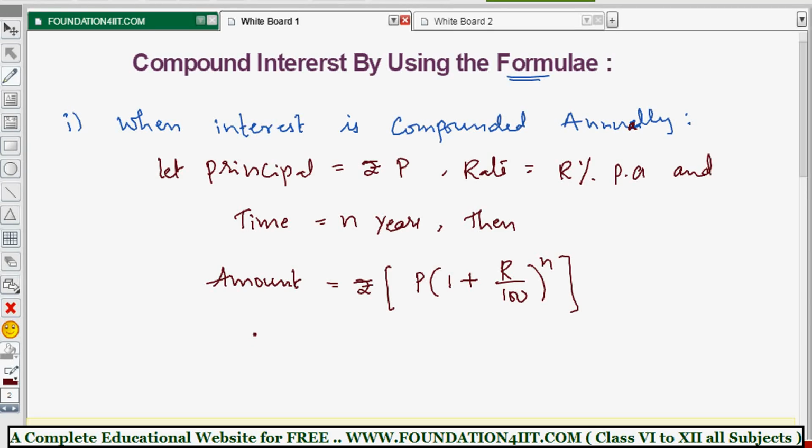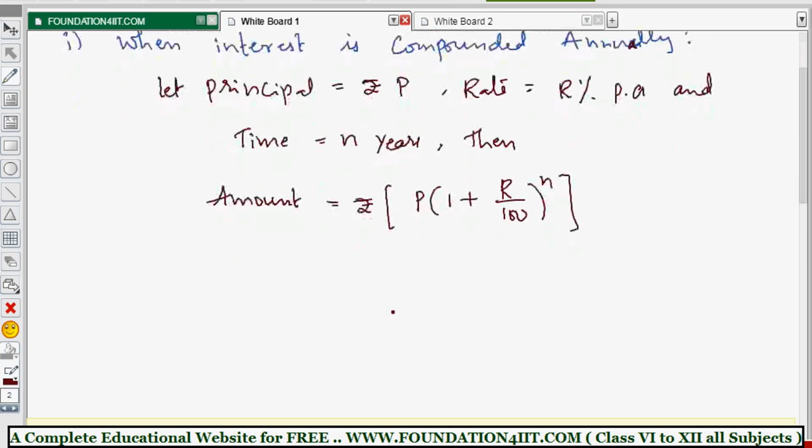Once you know the amount, you can find the compound interest. Compound interest is the final amount minus the principal. We did all the previous problems this way, but we will make a formula for this also.